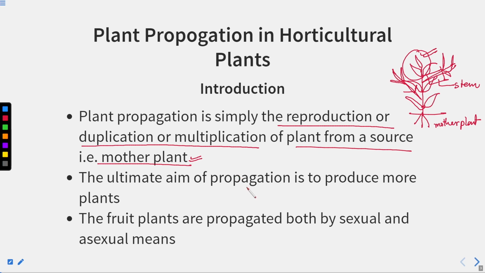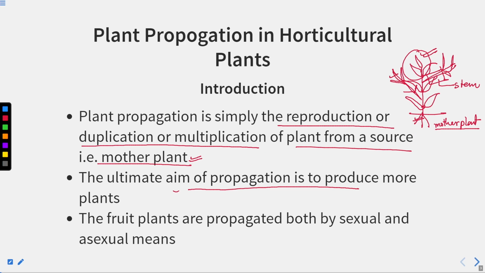The ultimate aim of propagation is to produce more plants. Why are we taking this stem, why are we taking this leaf, or sometimes we also take roots, right? The different parts of the mother plant can be used to increase the number of plants.